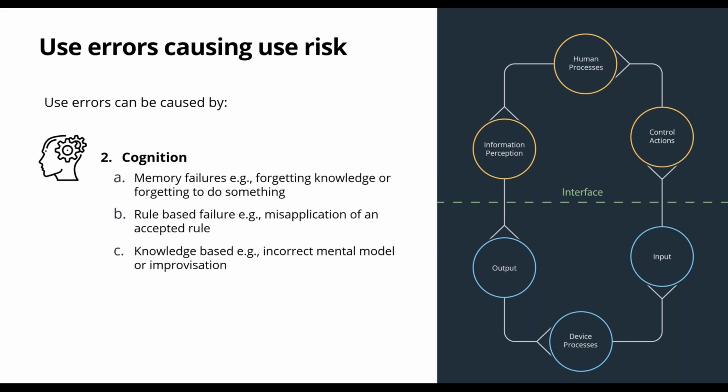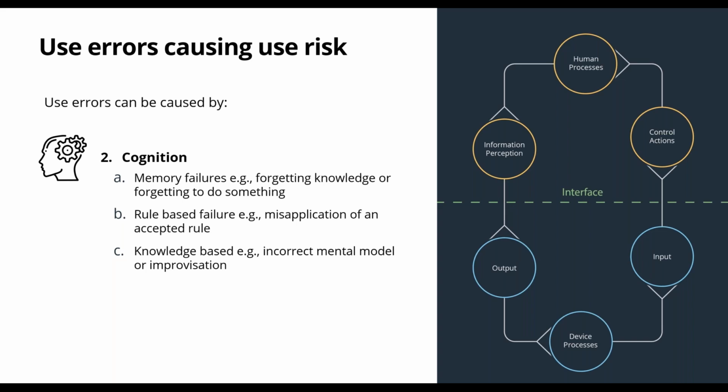The next way that use error can occur is via the cognition step, so the think step. So the first thing is a memory failure. This is where the user may forget something, they're not able to hold something in their mind at a particular point, which is relevant to making a decision, and therefore an incorrect decision is made.